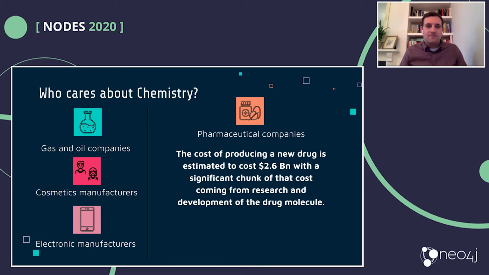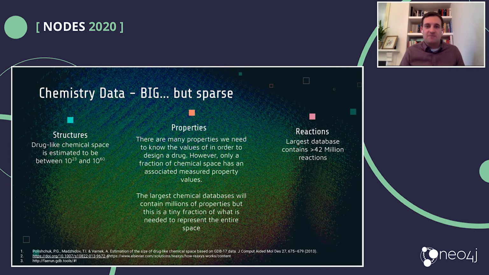The one thing about chemistry data is that it's huge. It's really, really big. This is big data. I'm going to talk about three different areas of chemistry data here. I mentioned reactions earlier. But structures, like that structure of caffeine that I showed earlier, this is a representation of the structure.